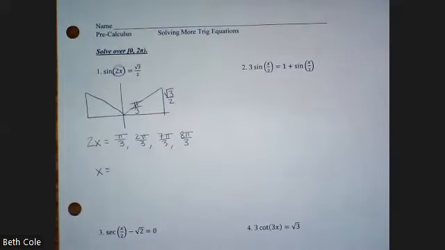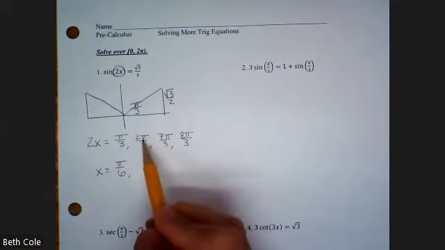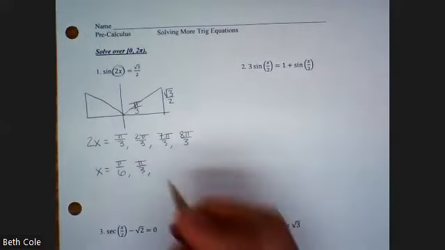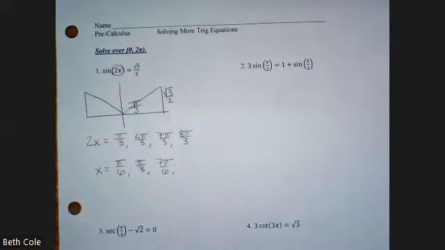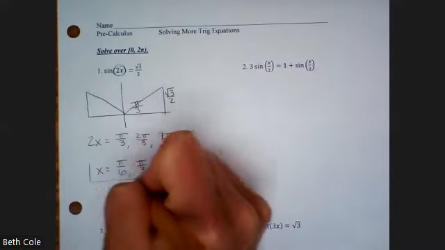So if you divide by 3 and then you divide by 2, you have now divided by 6, okay? So this is going to be pi over 6. This would be 2 pi over 6, which reduces to 1/3. This would be 7/6. And then 8/6, which reduces to 4/3. And those are your answers.